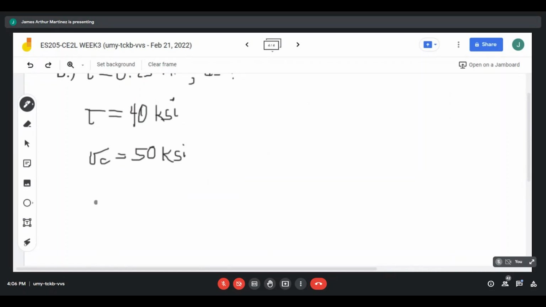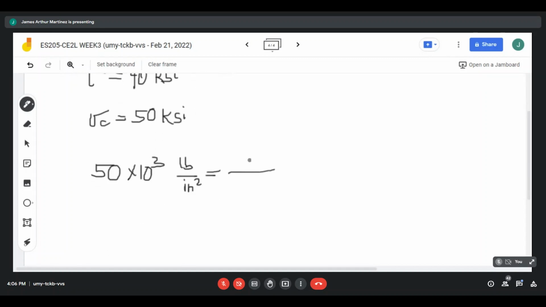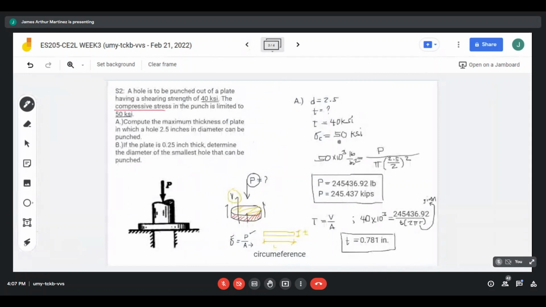So 50 ksi, 50 times 10 to the power of 3 pounds per square inch, is equal to P over A. We cannot use the P from letter A, because here the diameter is what we look for, so the force acting is different, a different scenario.